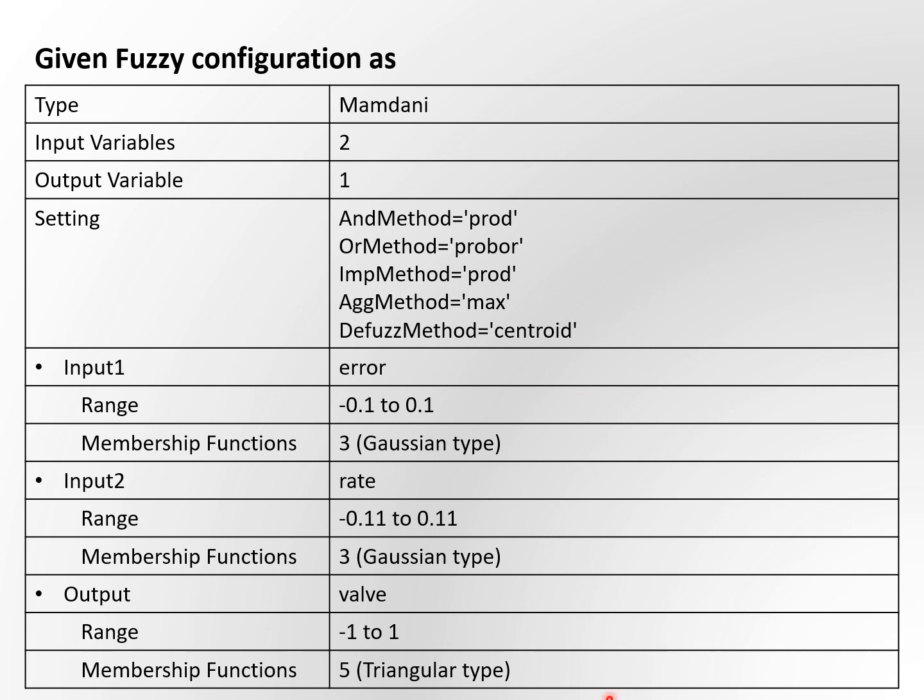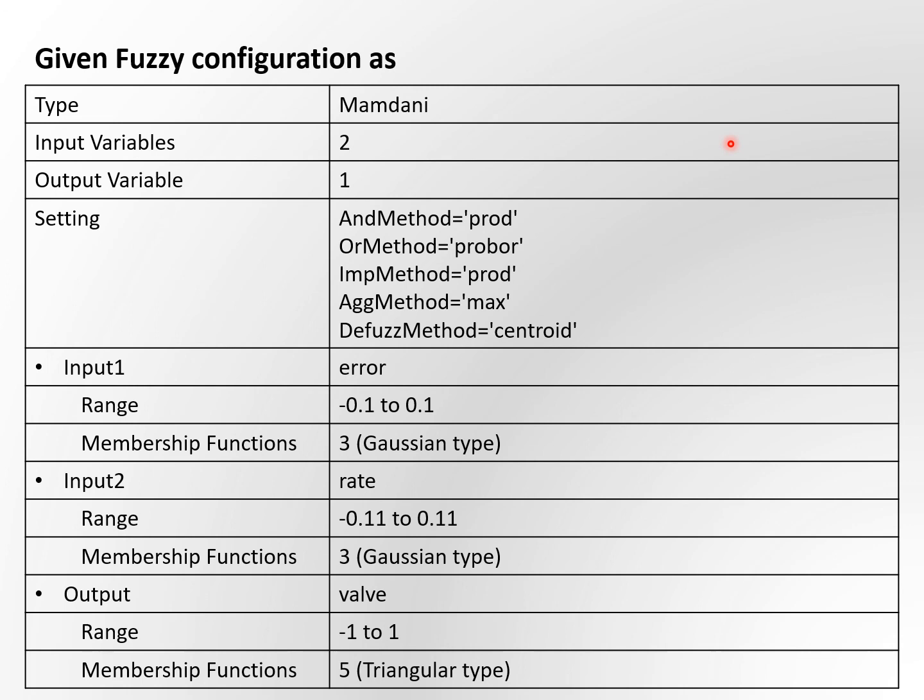Basically, this is the specification that we're going to come up with using the Mamdani method. The Mamdani method is what we have been studying. The other method is the Sugeno method. The difference is in the defuzzification part, where the output is a function of all the different rules fired: a function of the first rule, a function of the second rule, and so on, to get the Sugeno output.